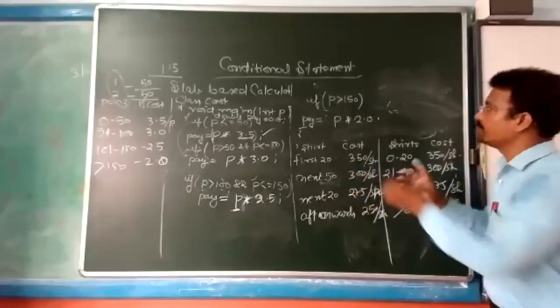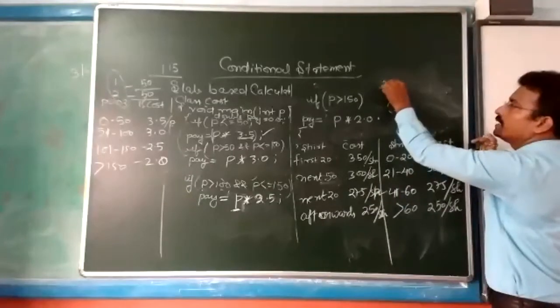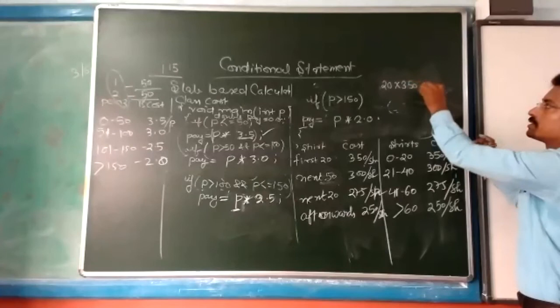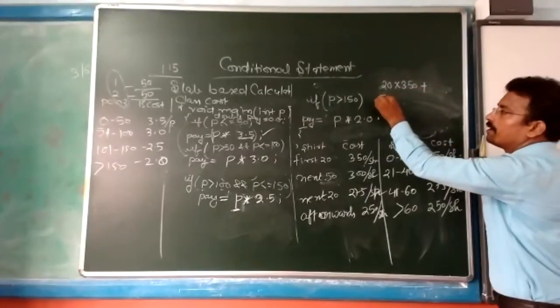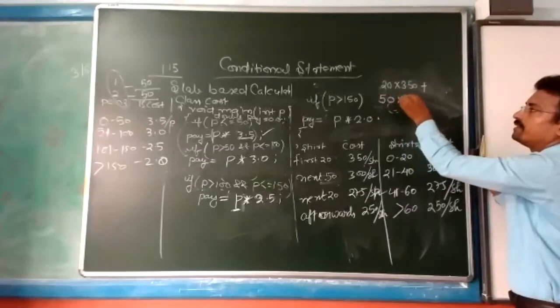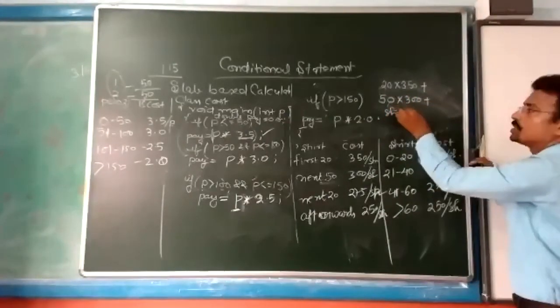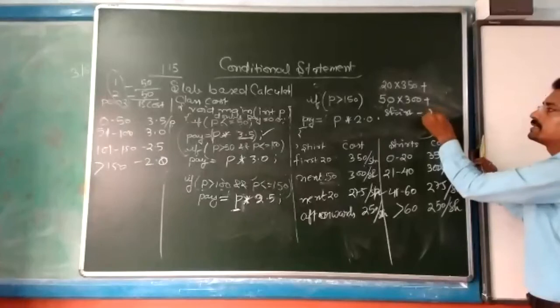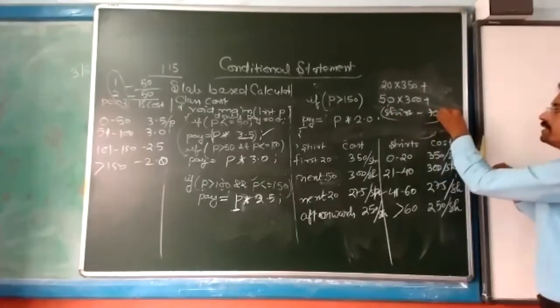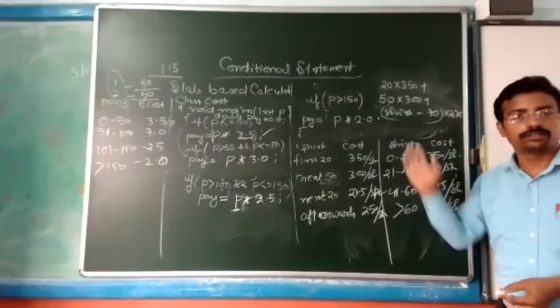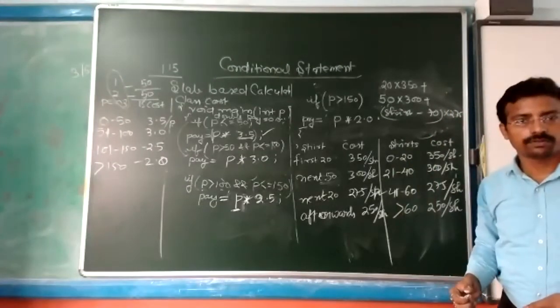So 78 means starting 20 multiplied by 350 rupees, plus next 50 multiplied by 300 rupees, plus whatever remained, shirt minus 70, multiplied by 275. So why is there confusion? You can do it this way. Got it?